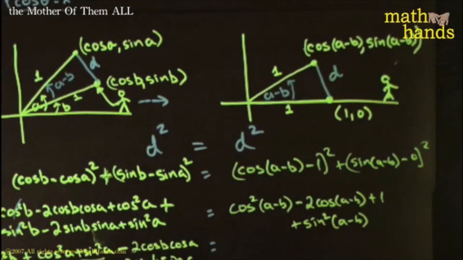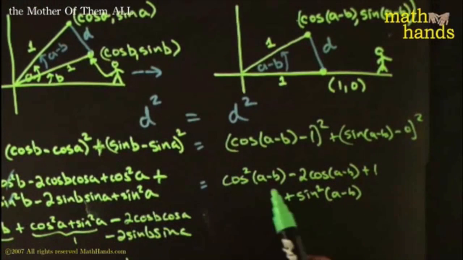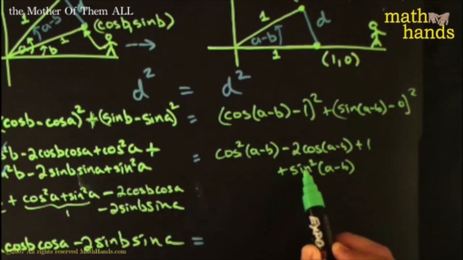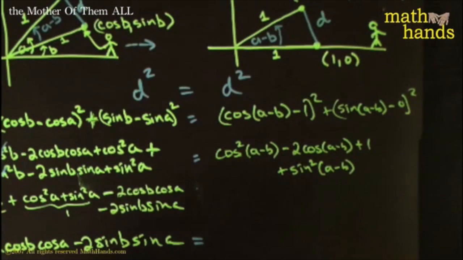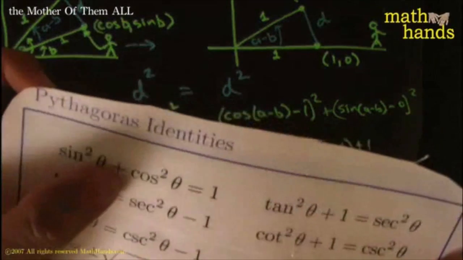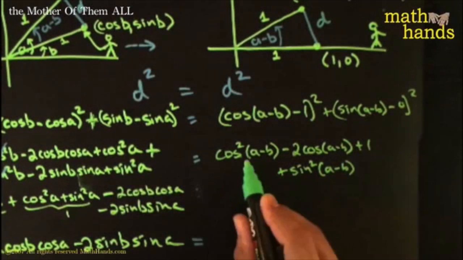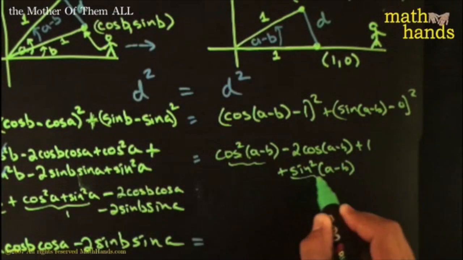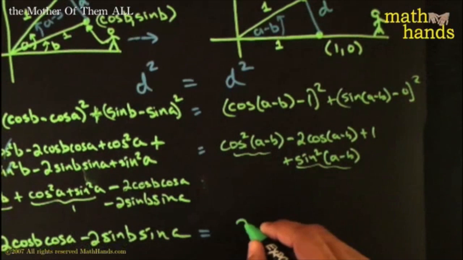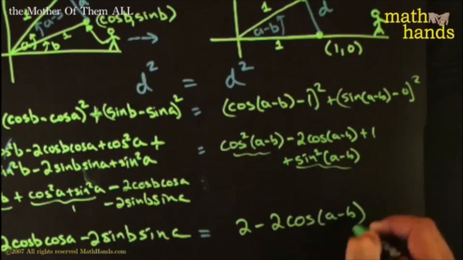That's what that turns into. And then this cleans up nicely too because this is a cosine square of blah and a sine square of blah. Again, I'm going to use Pythagoras, something we've already proven. Every time you've got sine squared blah plus cosine squared blah, that's equal to 1. So this becomes 1. This one right here and that one right there added together give you 1, plus another one that I have here. That gives me a total of 2 minus 2 cosine of A minus B.